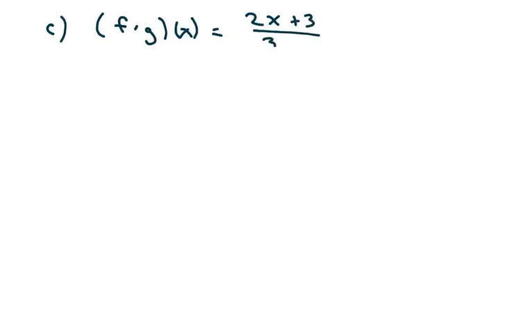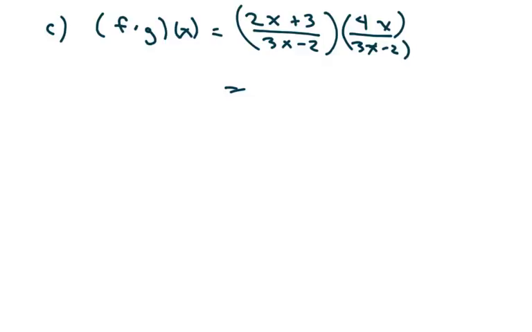Now multiplying, so this is your C part, f times g of x. That's going to be (2x plus 3) over (3x minus 2) times 4x over (3x minus 2).